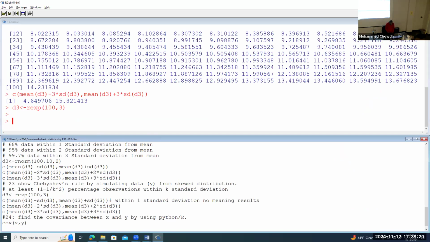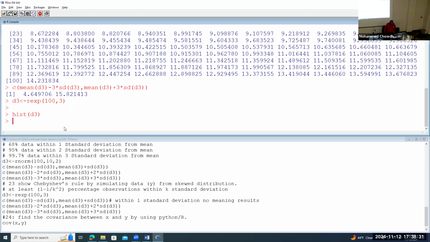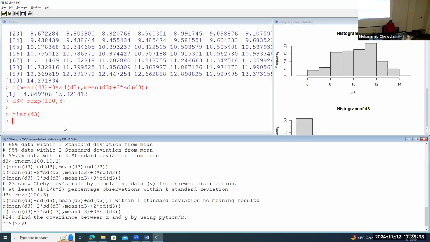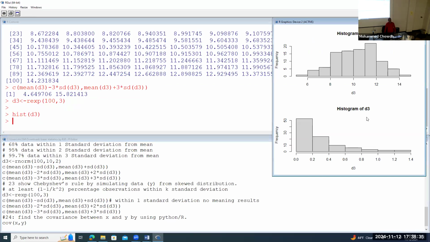And now if you take the histogram, if you write the histogram in here, you will see skewed to the right. Are you seeing skewed to the right? Right? And that data is coming from the exponential distribution. Exponential distribution is skewed to the right.